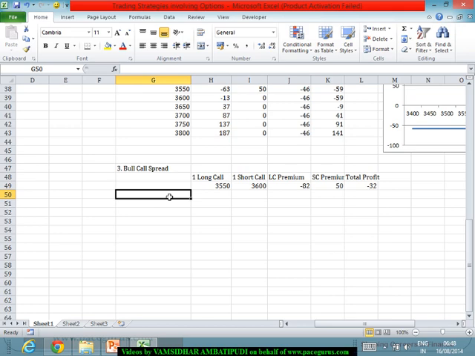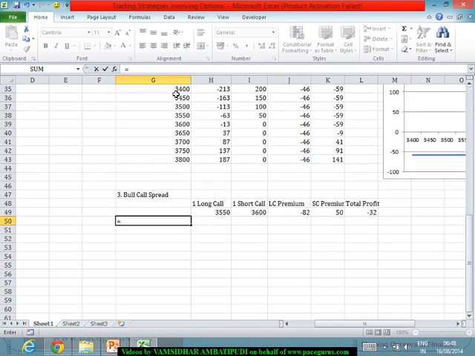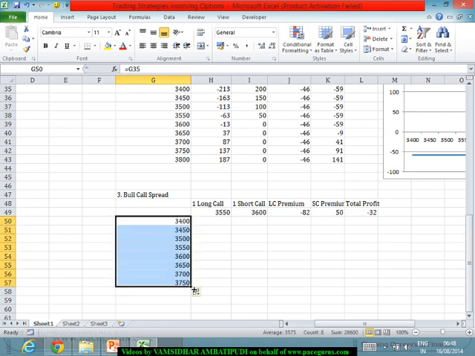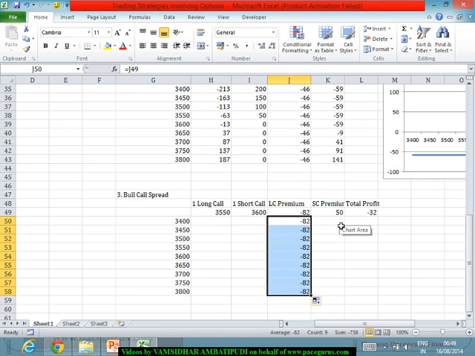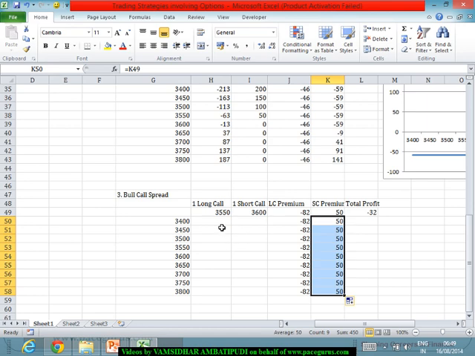Now look at what if the stock price on the expiry date goes anywhere from 3,400, let's say, to 3,800. First of all, the premiums will not change, so let me directly take these numbers as they are. Now look at the long call. I can buy the share at 3,550 and I will definitely execute it if the market price is more than 3,550.